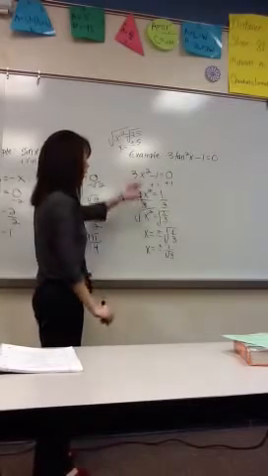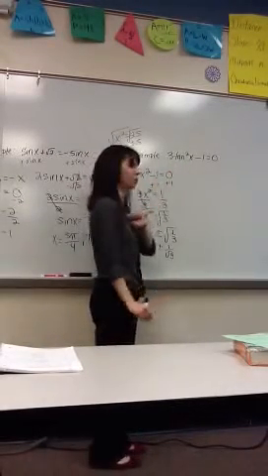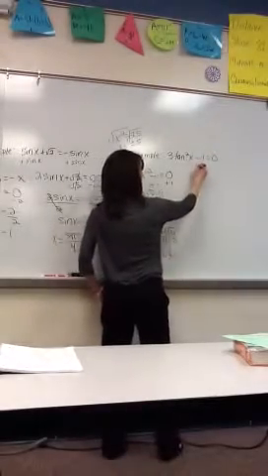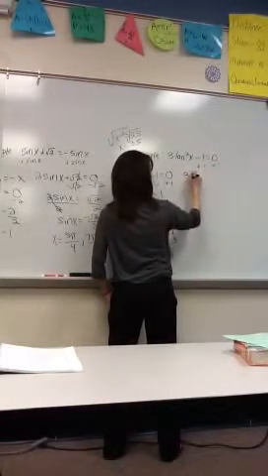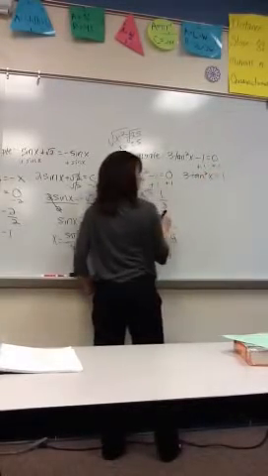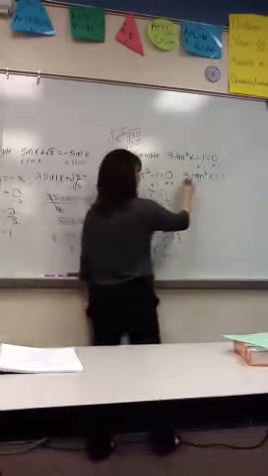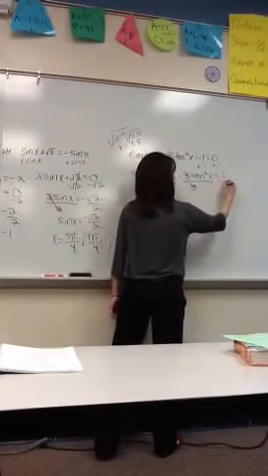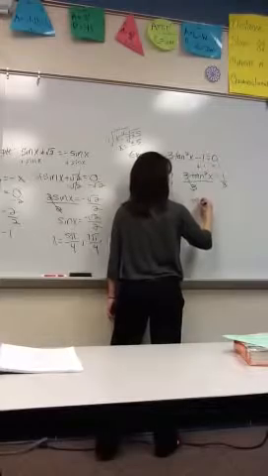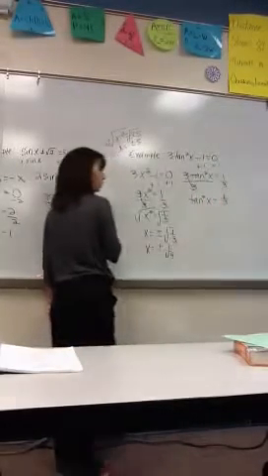So, in comparison, while we're going to compare this to this, what is the first thing I'm going to do? Add 1. So we have 3 tan squared of x is equal to 1. Then you have to divide by 3. So we have tangent squared of x is equal to 1/3.